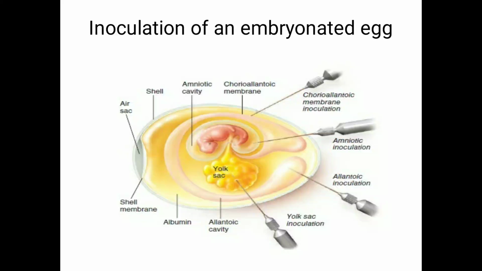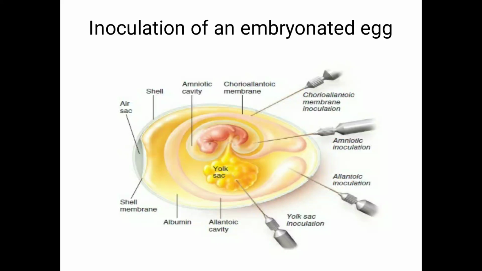Animals have an immunological mechanism which may fight against a particular virus, but eggs do not, and the chick embryo offers several sites for cultivation of viruses. So due to these advantages, embryonated eggs are widely used for cultivation of viruses.